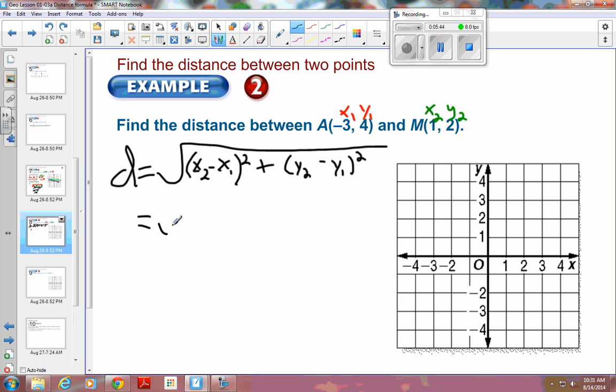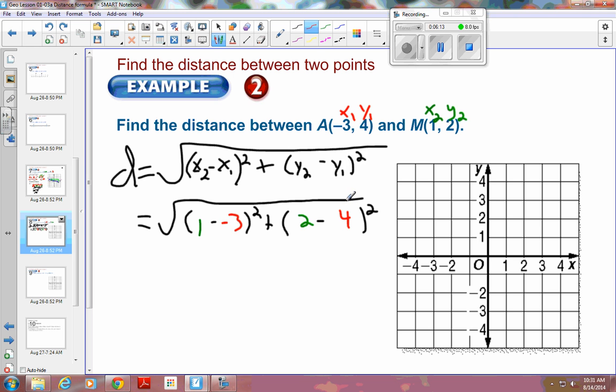So this is equal to the square root of, and let me put all my markers in here, and just fill in my numbers. So x2 is a 1, right? x2 is 1. x1 is a negative 3. y2 is 2. And y1 is a 4. Okay, so it's 1 minus a negative 3 and 2 minus 4.